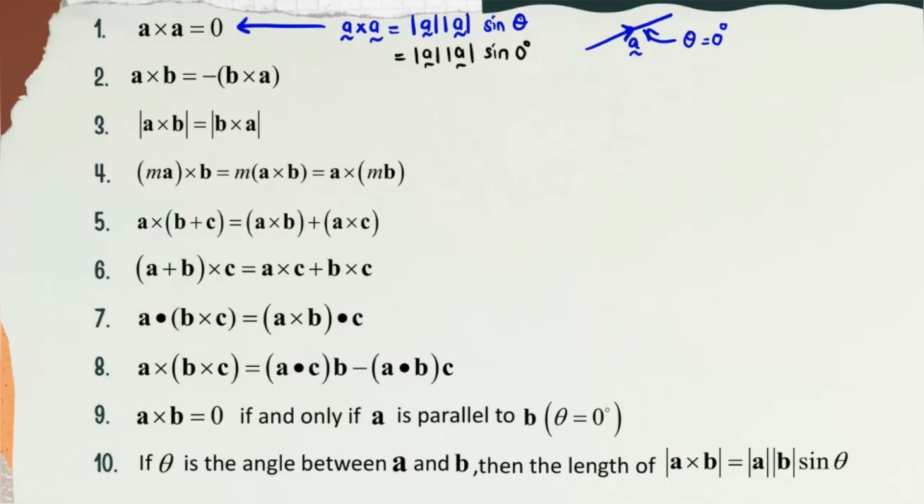Sine 0 sama dengan apa? Dapatlah kosong. So that is why A cross A will be just 0 kat sini. Alright, itu reason dia lah. Sebabnya bila gantikan degree dalam tu, sine 0 dapat kosong. So tak kisahlah magnitude ni kita berapa. Bila darab dengan 0, automatic it will be 0. Okay, so ini adalah untuk first properties.